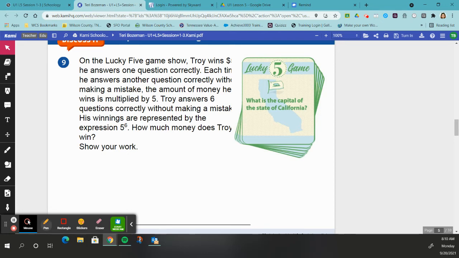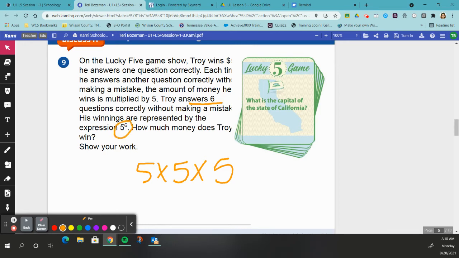So this is saying that he earned $5 for the first question and then 5 for every other question. And it says that he answered 6 questions correctly. So his winnings are represented as 5 to the 6th power.